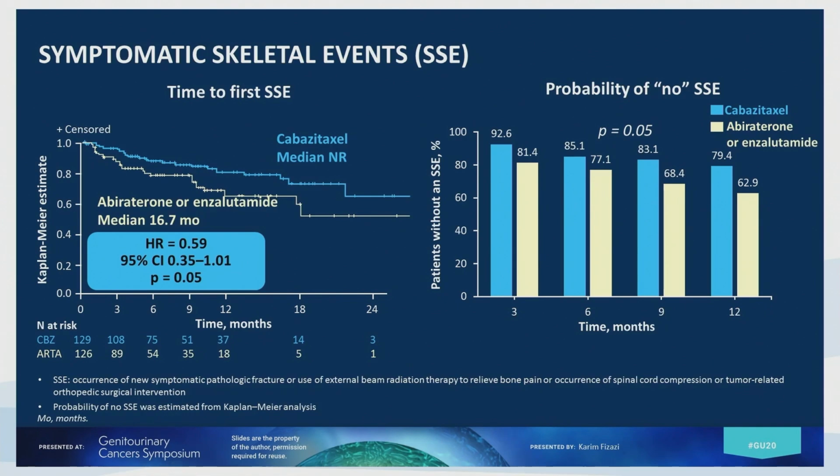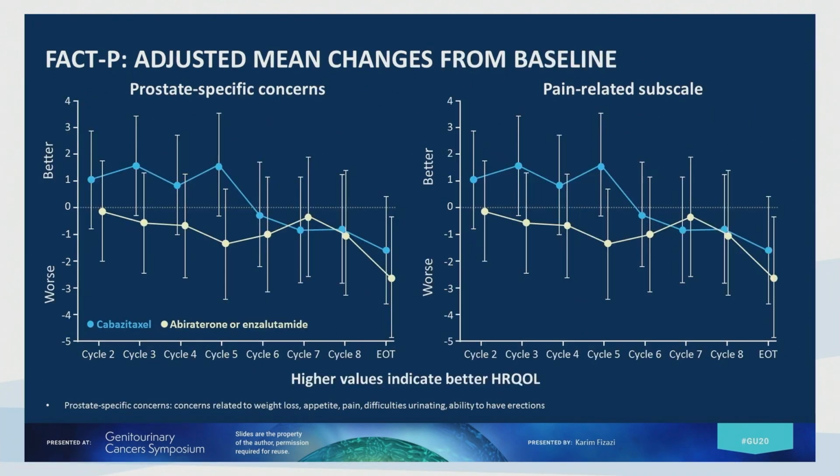Additionally, the time to symptomatic skeletal event was also longer with chemotherapy here than the second AR pathway inhibitor. And patients actually reported that their overall quality of life was superior on chemotherapy than on the second AR pathway inhibitor, probably because better cancer control in many ways equates to better quality of life.